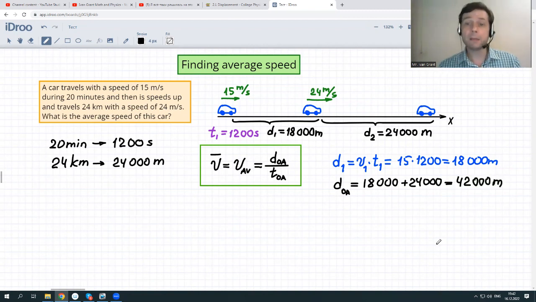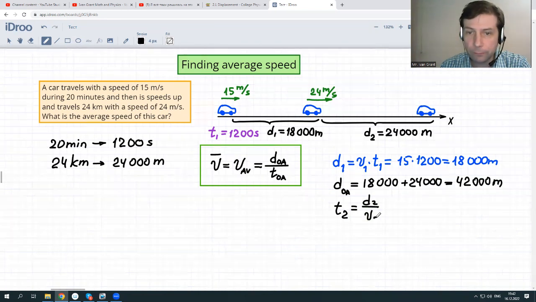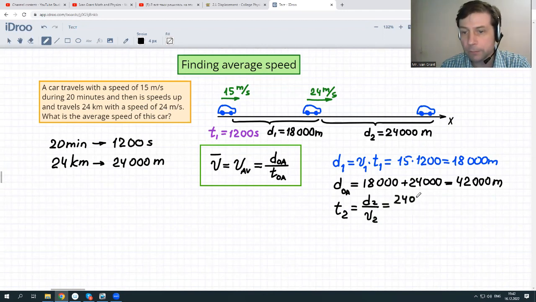42,000 meters. And now we have to find the time of the second part. And it is, again, by the same formula. The time of the second part is the distance of the second part over the speed of the second part, okay? The distance is 24,000 and the speed is 24. So we have 1,000 seconds.